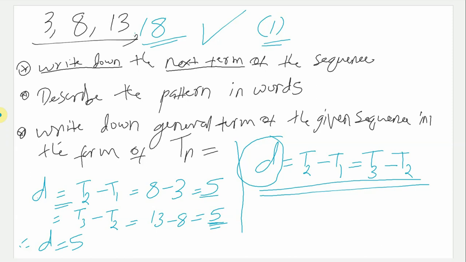The second question says, describe the pattern in words. Let me just go to the next page. So how do you describe the pattern in words? This one is simple, you don't have to think too hard. It's the same thing that you did, adding 5 to the following term. So how do you answer that?